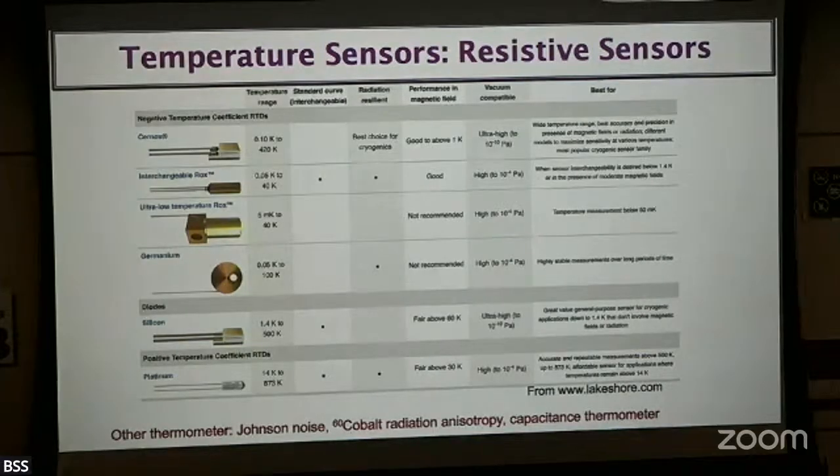The capacitance thermometer is another very bulky thermometer. So this is actually capacitance. The silver measurement, but in this capacitance measurement, the signal size is like the size of the sample. Because of that, it's size dependent.